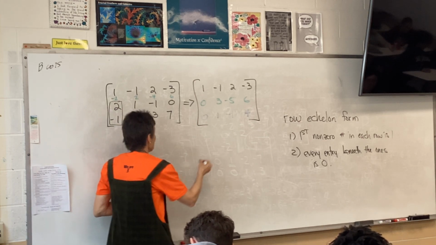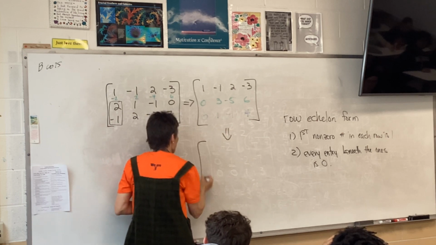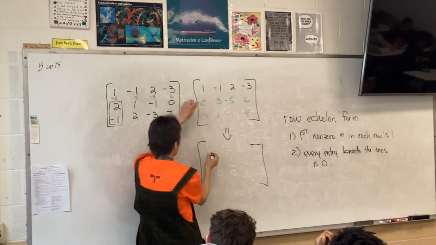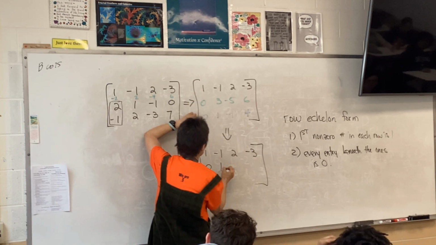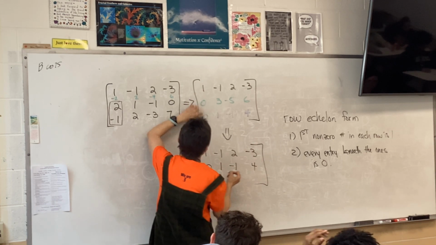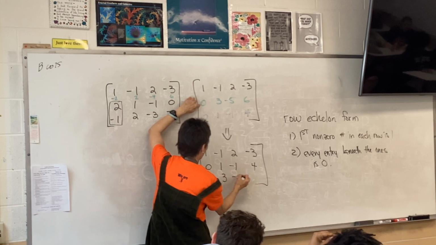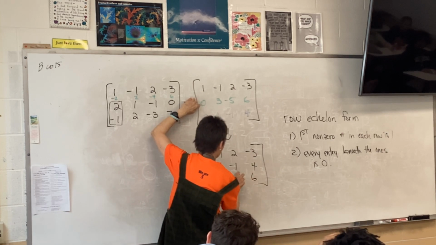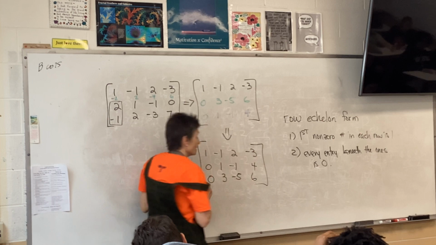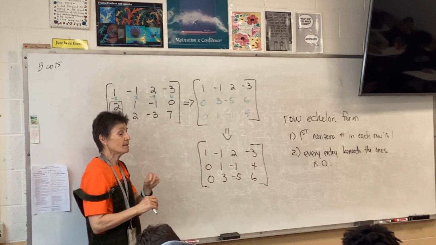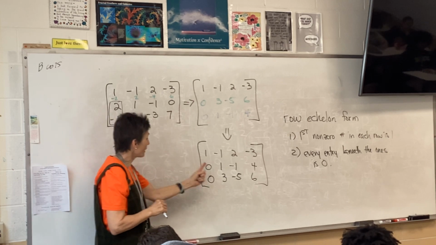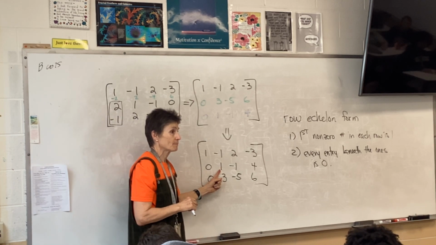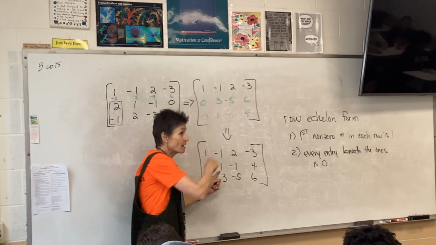Now, you do not have to do this, but I am going to put my blue row second and my green row on the bottom. For two reasons. One, it just feels better to me. And second, ultimately, don't I want that number to be a 1? In the end, that number has to be a 1.